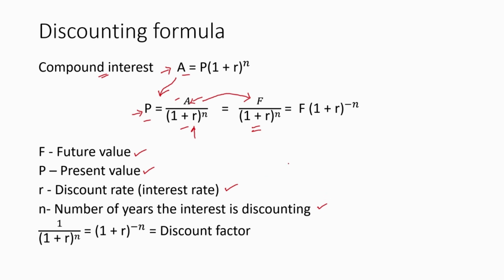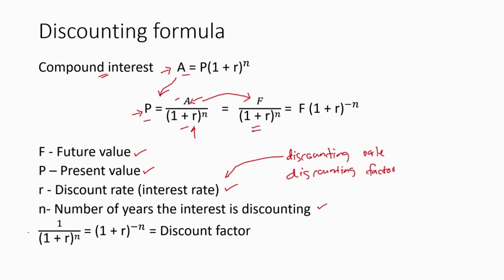When it comes to discounting, we need to know about the discounting rate and the discounting factor. The discounting rate is simply a percentage value, or an interest rate value.